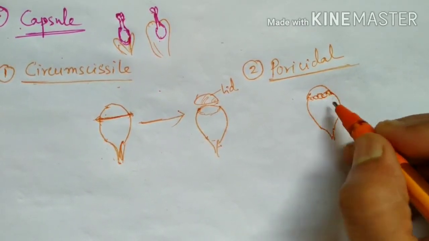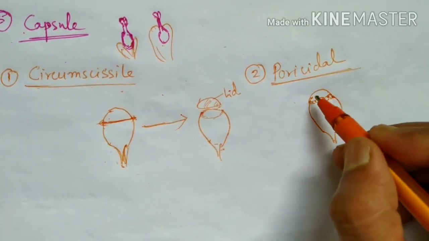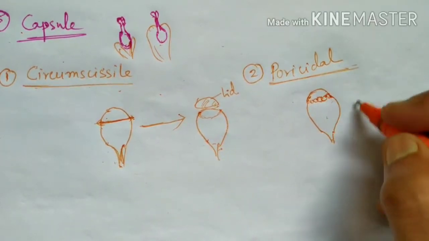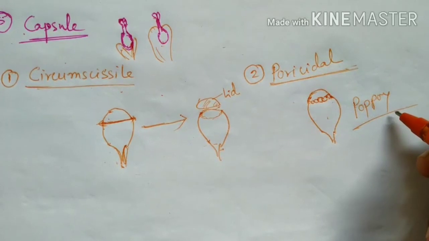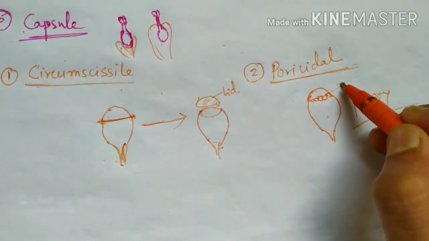So this type of fruit is known as poricidal, okay, and poppy is an example of this type of fruit. So pericarp dehiscent through terminal pore. So these are terminal pores.